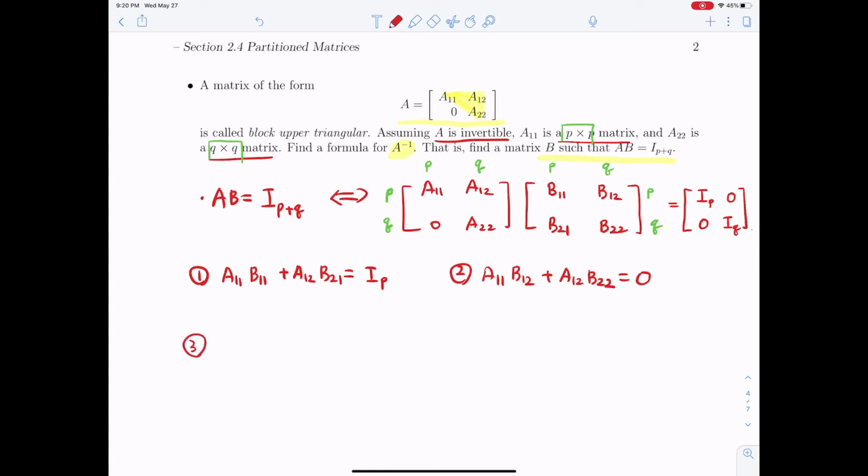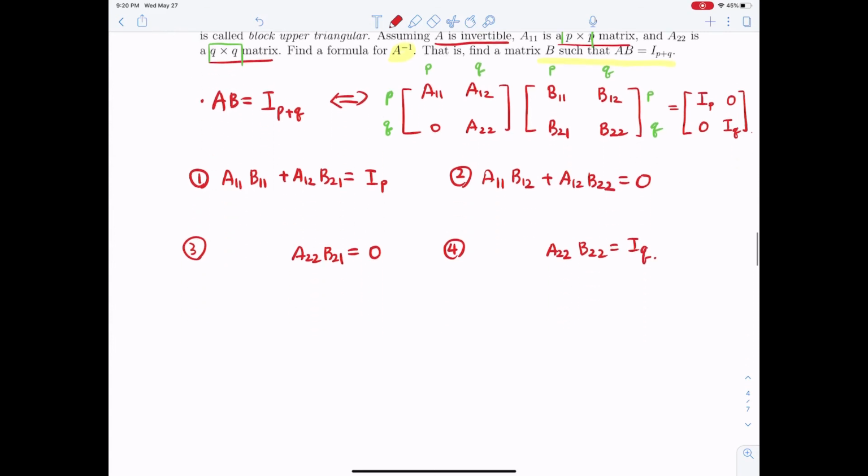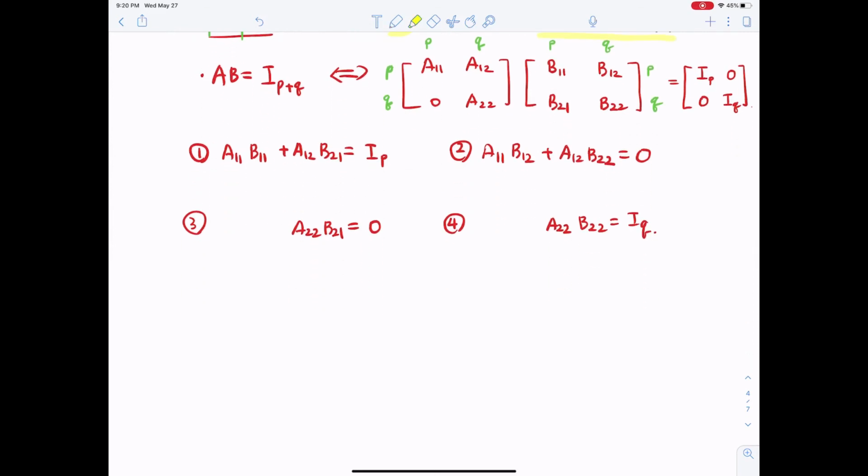For the third one, we have 0 times B11, which is 0, plus A22 B21 equals 0. And lastly, we have A22 times B22 equals I sub Q. The last one looks like the easiest one to work with.